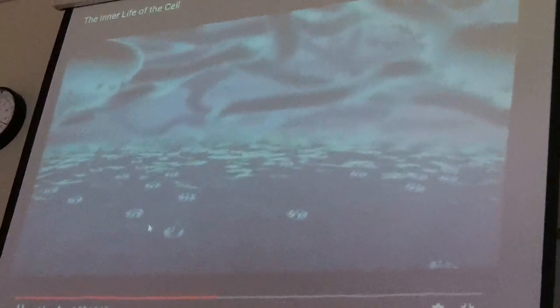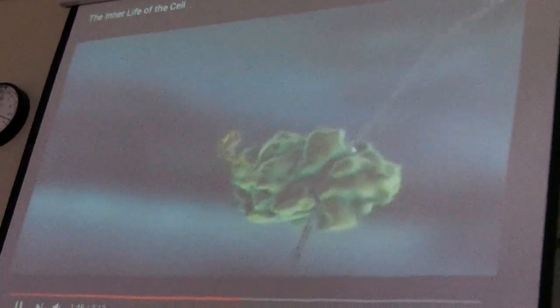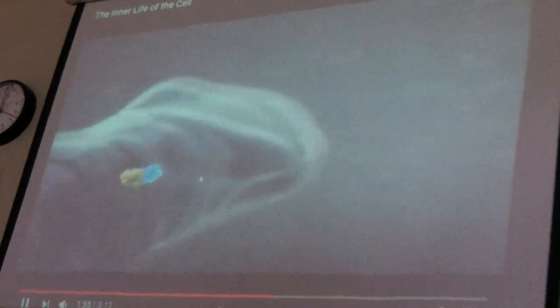This is RNA coming out of the nucleus and attaching to a ribosome. There's a ribosome, and the ribosome making a protein. There's a little dimer of a ribosome being put together.